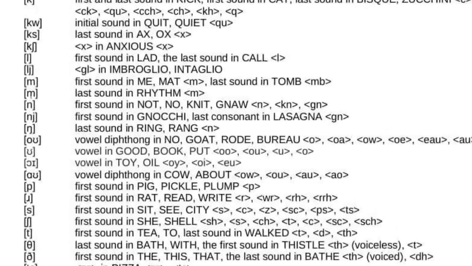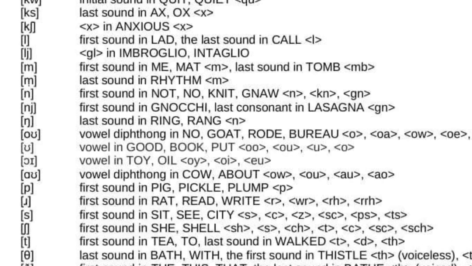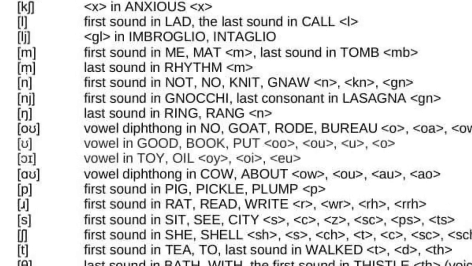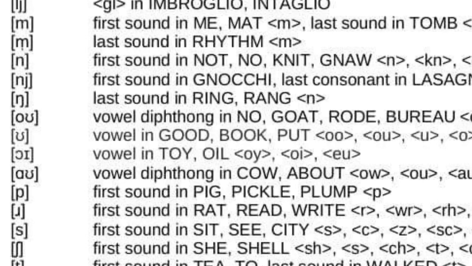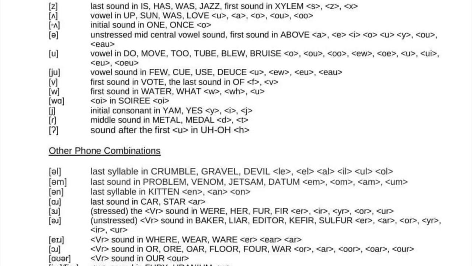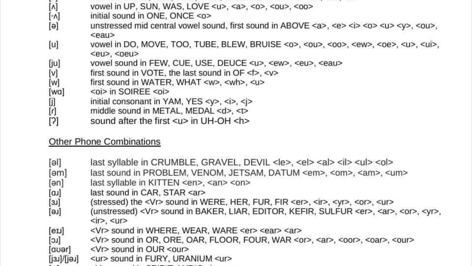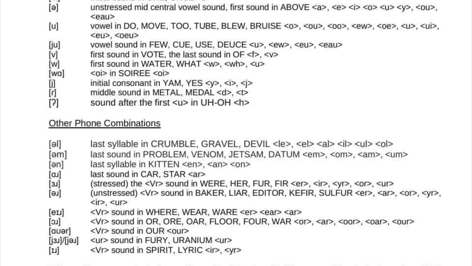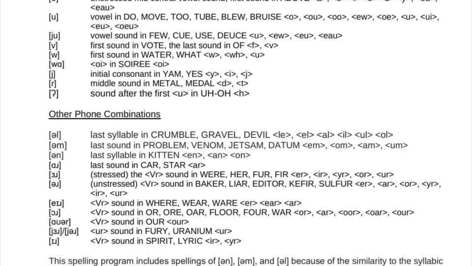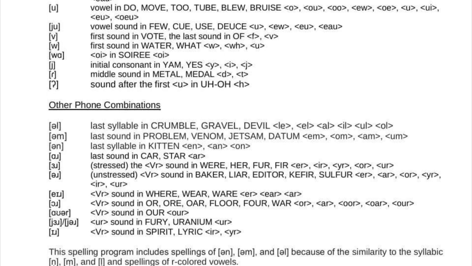For example, the letter that looks like a horseshoe U represents the vowel in good, book, and put. Many dictionaries use IPA to show pronunciation, so learning IPA notation is another beneficial skill that comes from using the Teach a Student to Spell program.